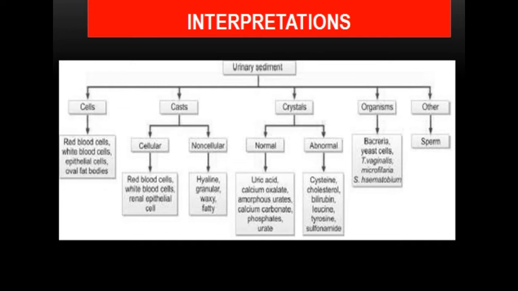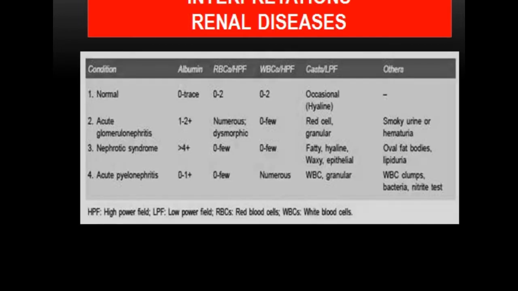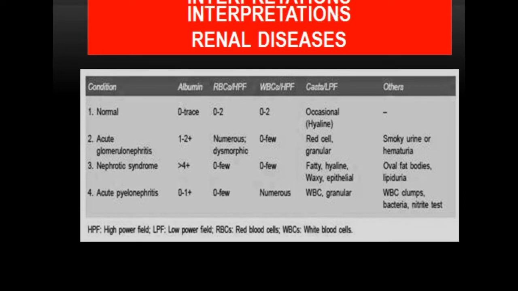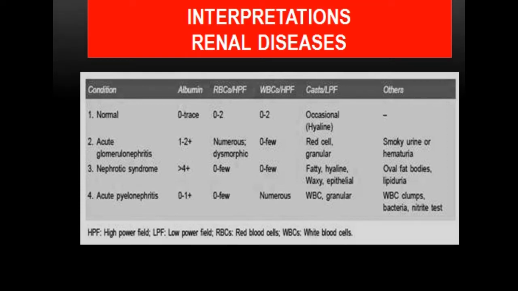So in case of renal disease, normally there is no albumin, about 2 cells per HPF, very few WBCs, very few occasional hyaline casts, and some salts.